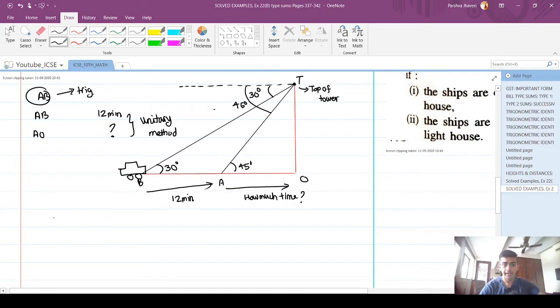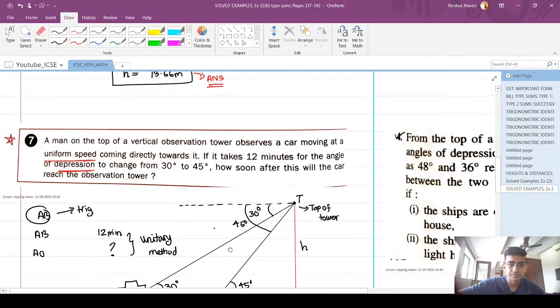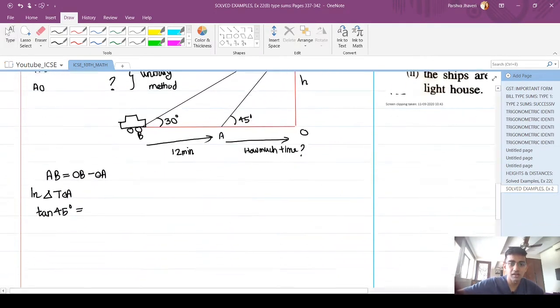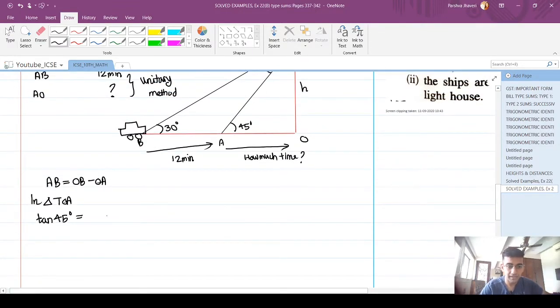First, AB is nothing but OB minus OA. So, firstly, in triangle TOA, tan 45 degrees is nothing but opposite upon adjacent. I'll call this height of the tower H. Have they given us the height of the tower? No, they haven't. So let's just call it H. Height of the tower, that's opposite, upon adjacent OA.